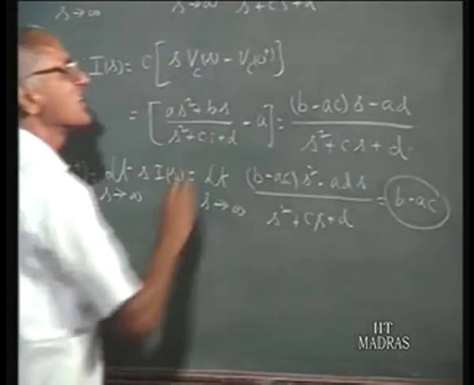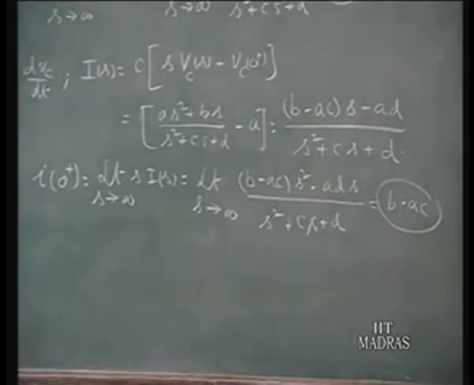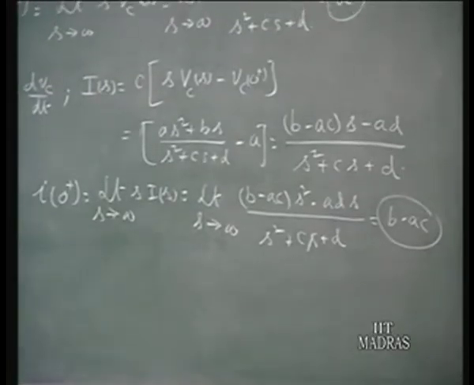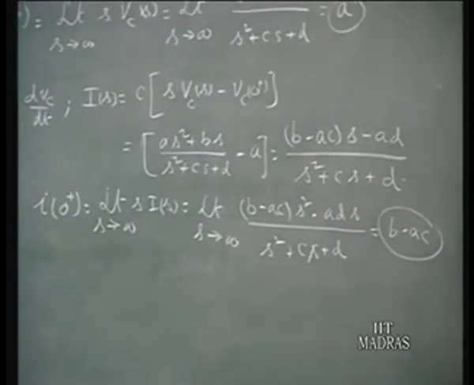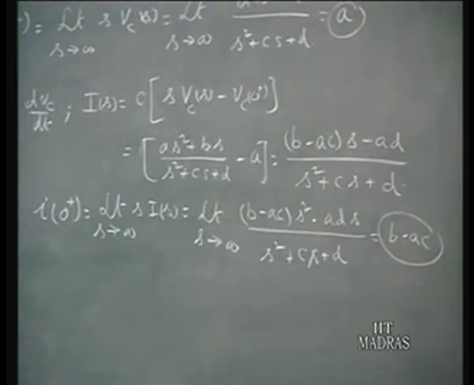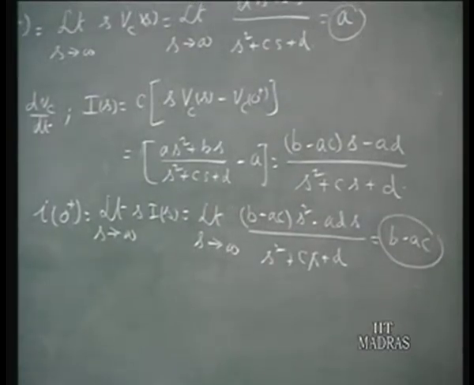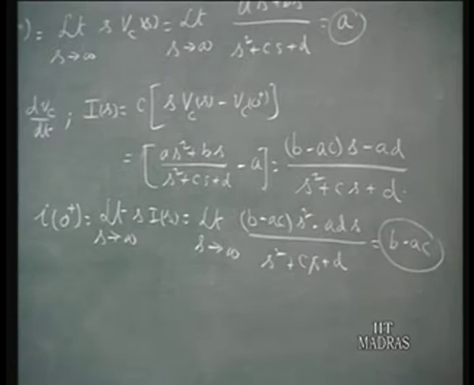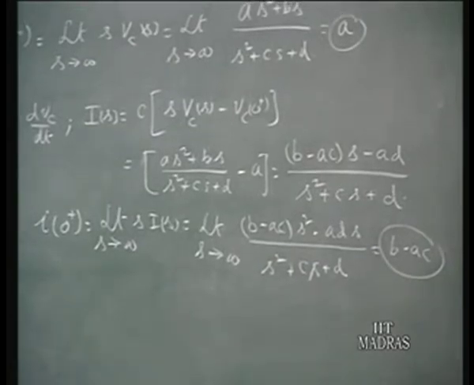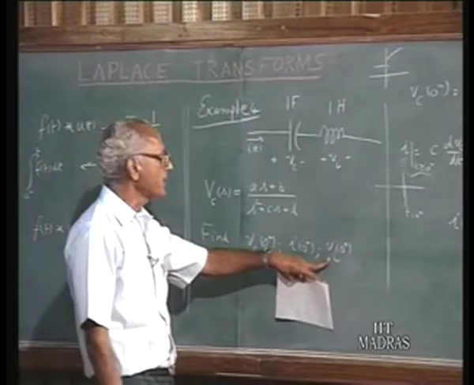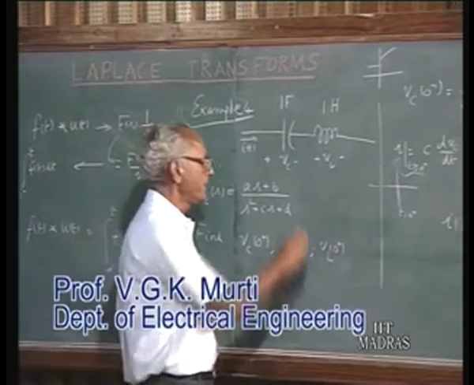So this is the answer for this. So the initial value of the current is B minus AC amperes, if this is the Laplace transform of the voltage across the capacitor.